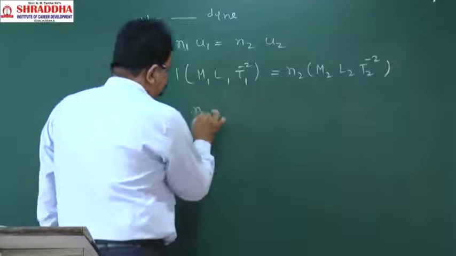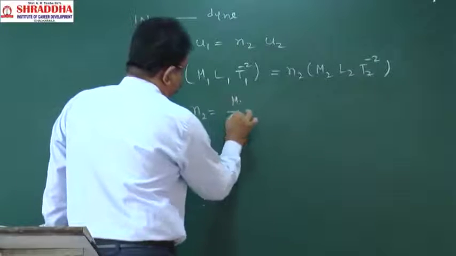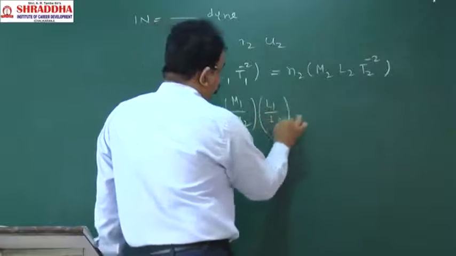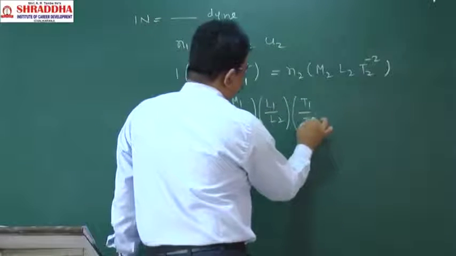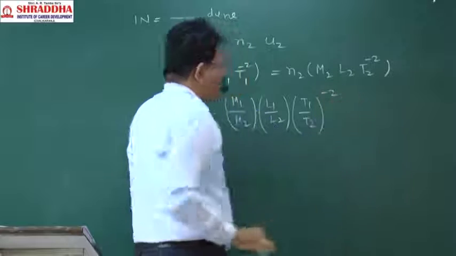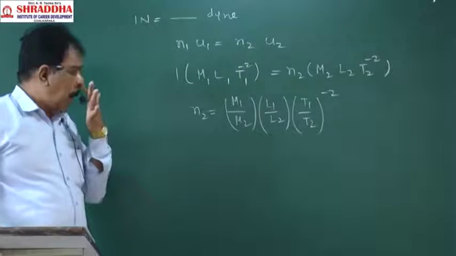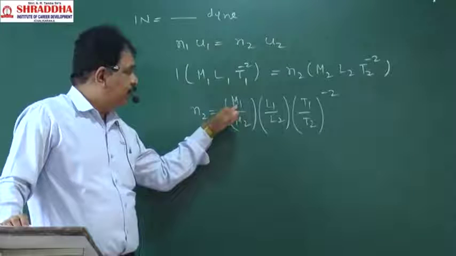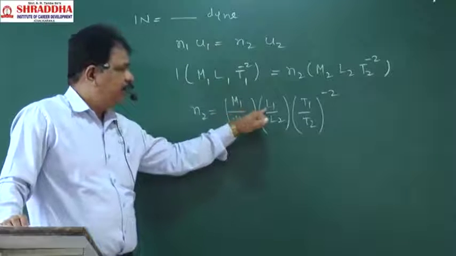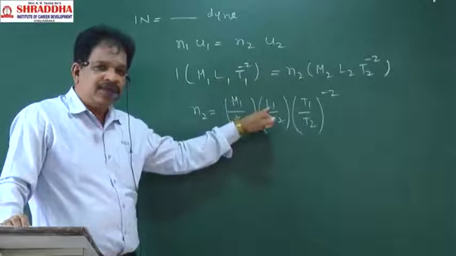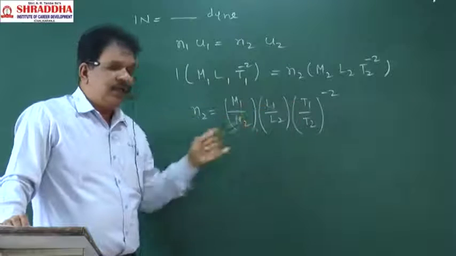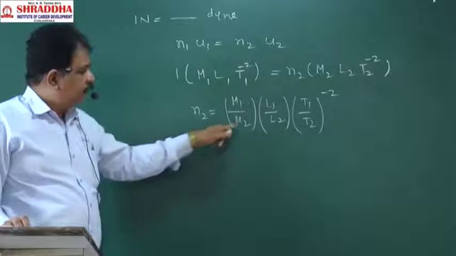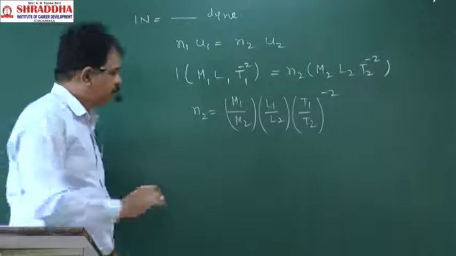So N2 is equal to M1 by M2, L1 by L2, T1 by T2 power minus 2. Here M1 is the unit of mass in the SI system, L1 is the unit of length in the SI system, T1 is the unit of time in the SI system. These are the units in the CGS system.